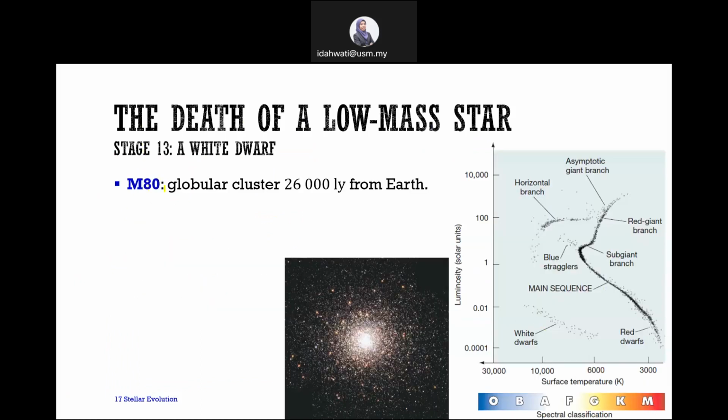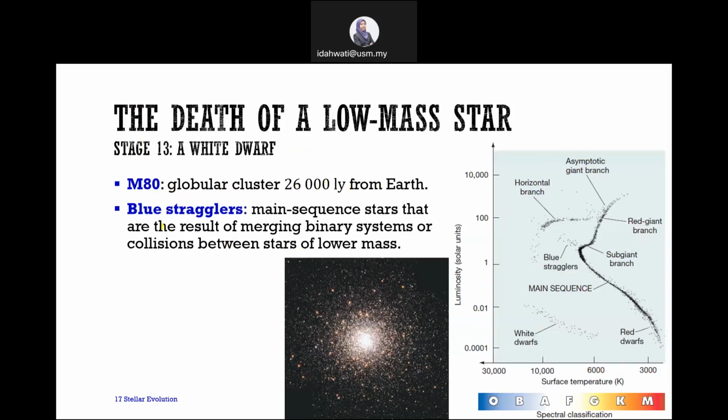Then we have M80, a globular cluster 26,000 light years from Earth. The blue stragglers are main sequence stars that result from merging binary systems or collisions between stars of lower mass.